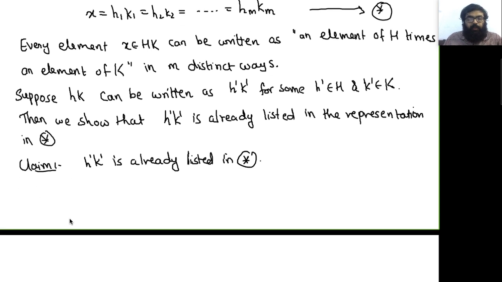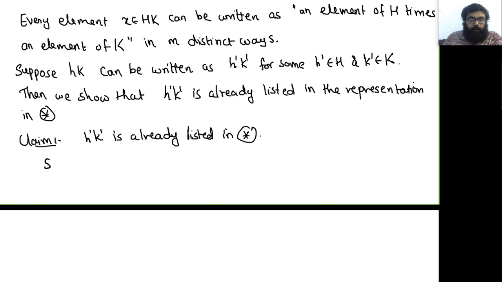Right? So suppose hk, this is our x, hk equals h dash k dash. This implies, multiply h dash inverse on the left and k inverse from the right on both sides. So we collect elements of h on one side, and elements of k on the other side.